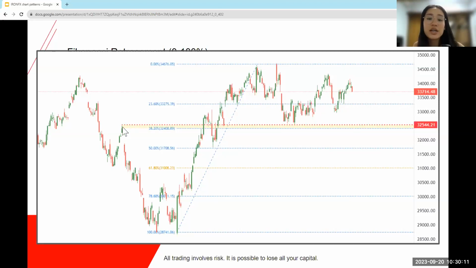So this is what we call an overlap support. An overlap support is basically when a swing high lines up with a swing low, and it's important because we can see that price, the bulls as well as the bears, both respect this area. So that's why it's important, and that's why I've highlighted it here.